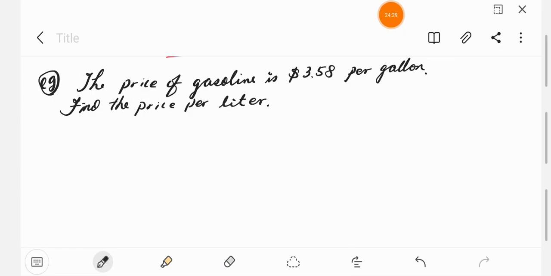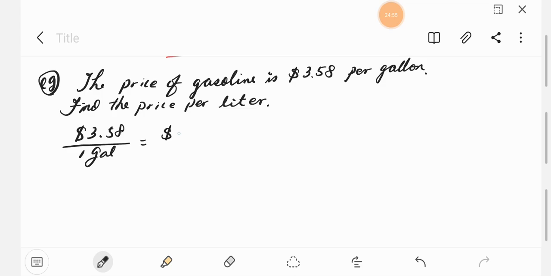Okay, then let's try this example. The price of gasoline is $3.58 per gallon, and find the price per liter. So we want to convert $3.58 per gallon. Per gallon means over 1 gallon, right? Let's convert this into dollars per liter.